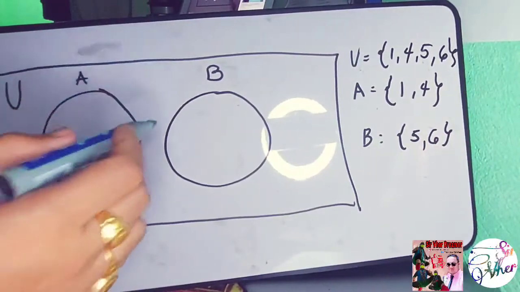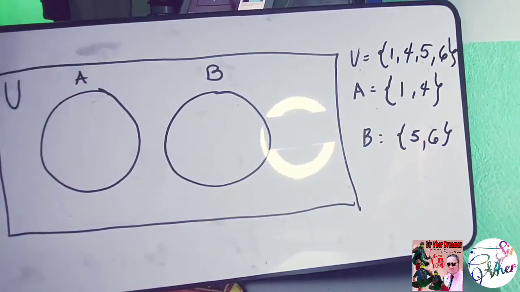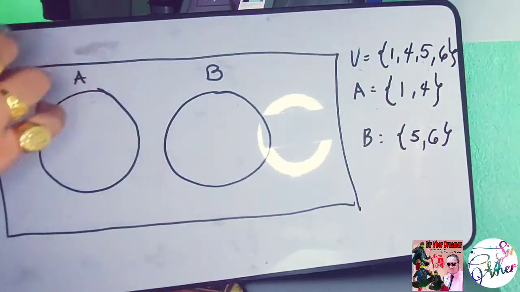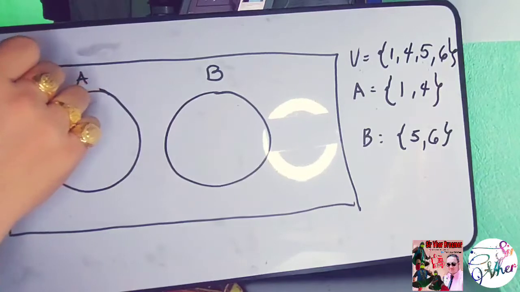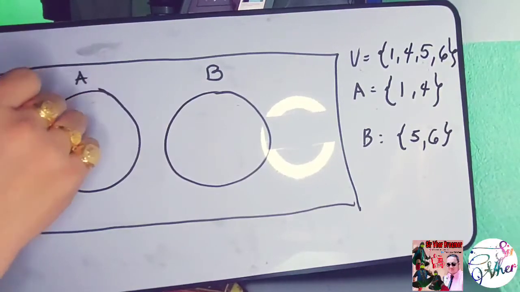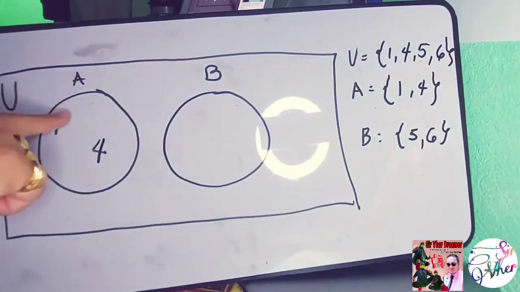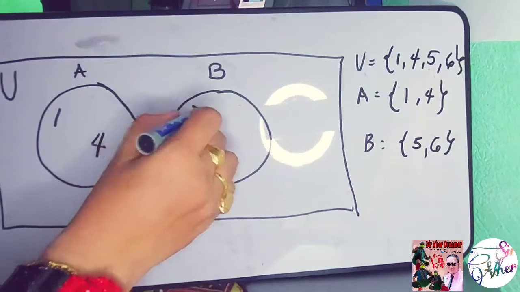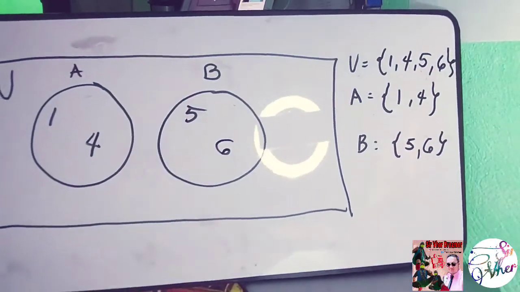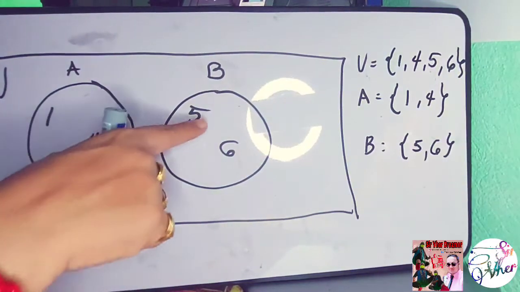We put the elements inside the set A circle, the first circle, which comprises the elements 1 and 4. So that is set A. For set B, we have the elements 5 and 6. So we have the elements 1, 4, 5, 6.